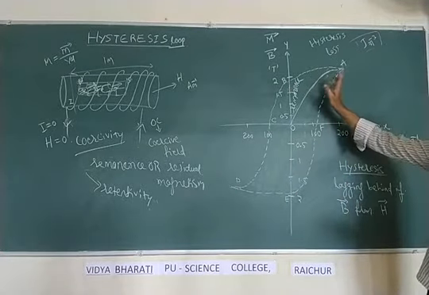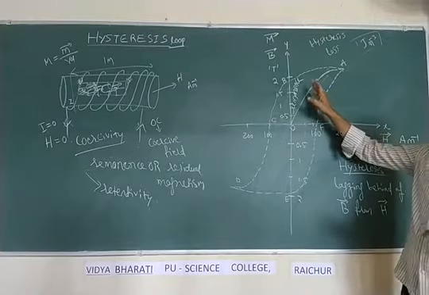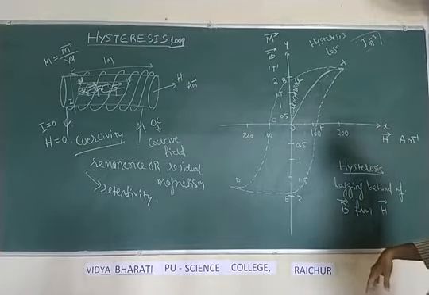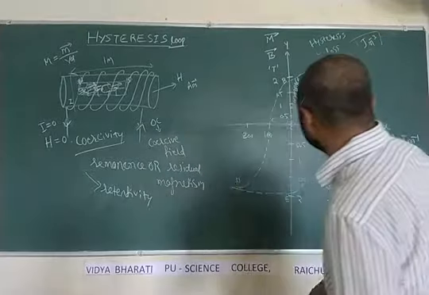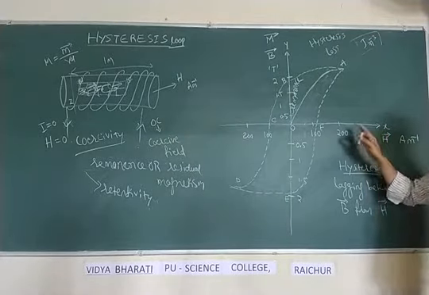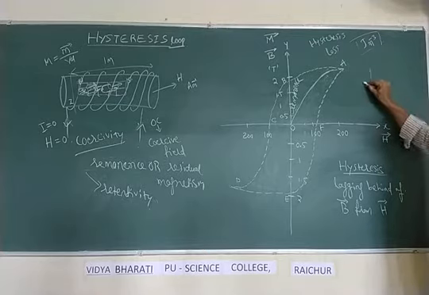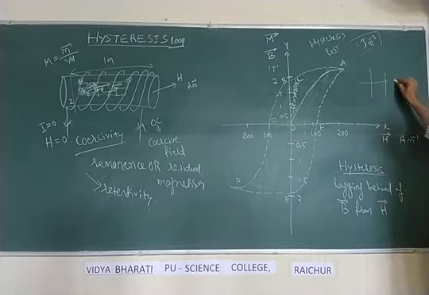Okay, remember this graph. Most of the time it is asked. Students get confused with these notations, so we have to be clear while plotting the graph itself. Look at this H: it comes along the x-axis.